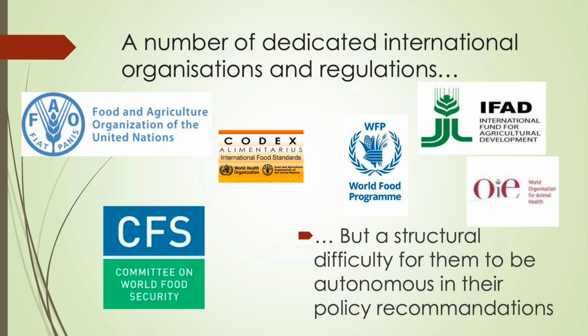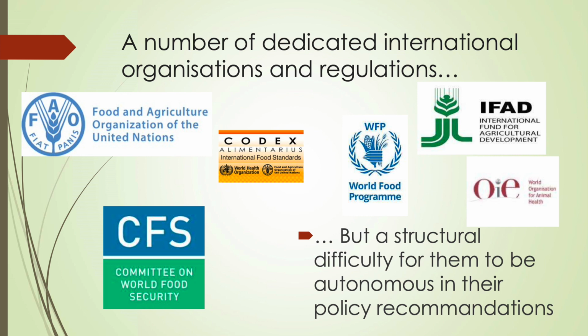So these organizations are of course the FAO, which has, for instance, the power to produce international rules through the Codex Alimentarius, which is a kind of mixed organization with the WHO and the FAO.